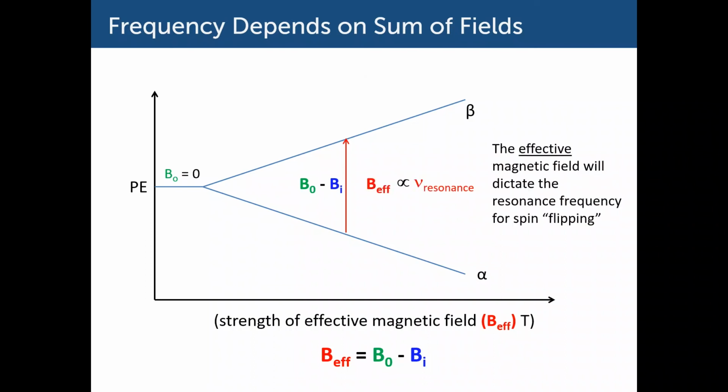So how is this helpful? Well, BEF is going to be directly proportional to the resonance frequency. BEF is essentially going to dictate, along with the constant, the difference in energy between alpha and beta. Another way of saying that is that the effective magnetic field will dictate the resonance frequency for spin flipping.